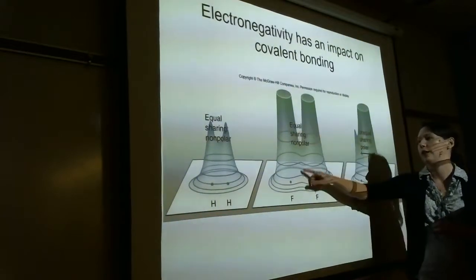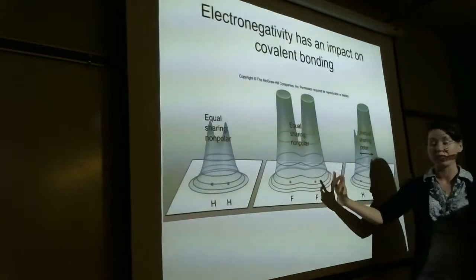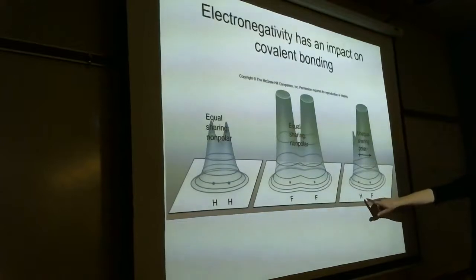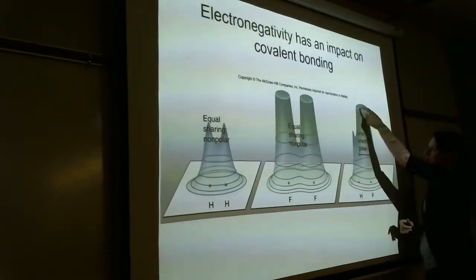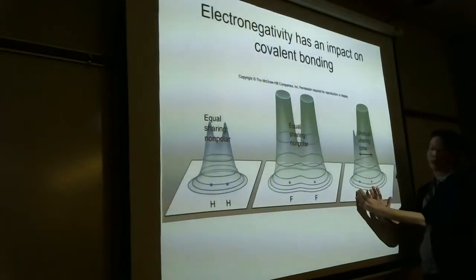So if this is representing electron density, fluorine to fluorine, that's going to be even sharing, right? Versus hydrogen and fluorine, right? Look at the electron density on hydrogen, look at the electron density on fluorine. The electrons are way closer to fluorine than they are to hydrogen, right?